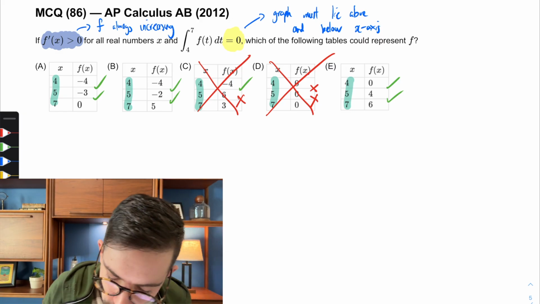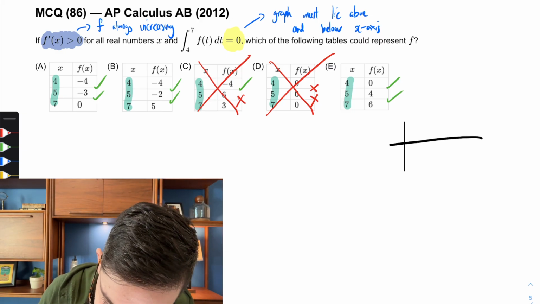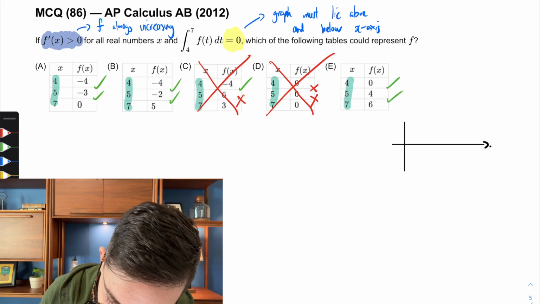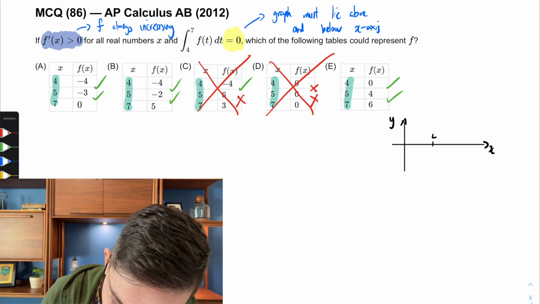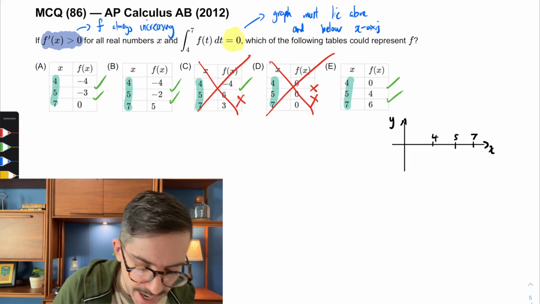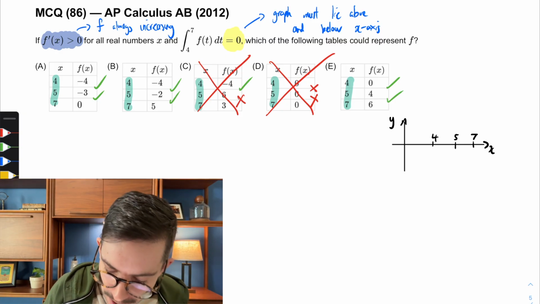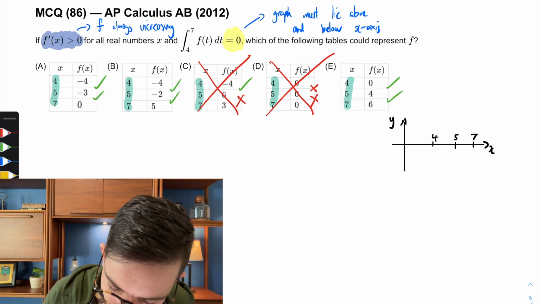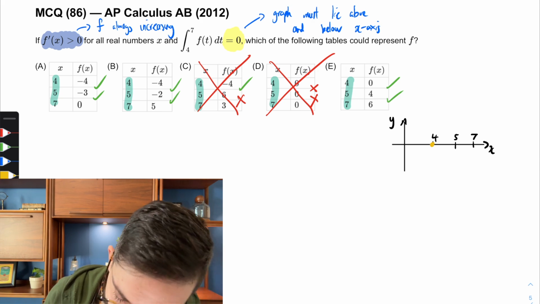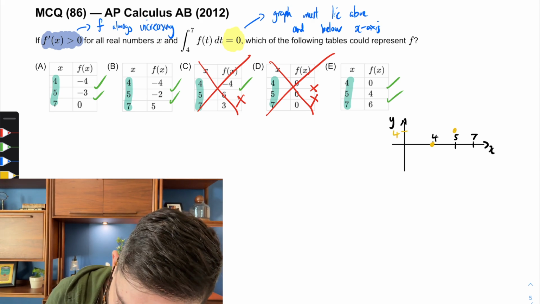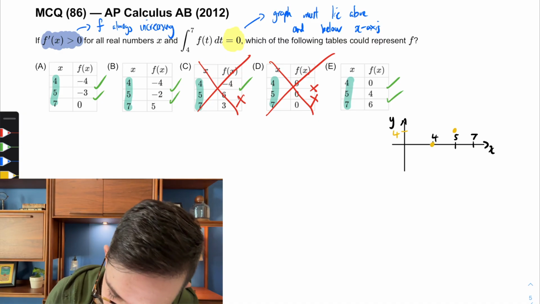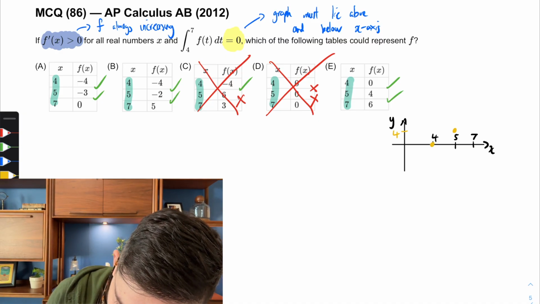If we look at answer choice E here, let's draw a quick sketch of what this graph might look like. So I have 4, 5, and 7 as my x inputs, and my points on my graph at x equals 4, the function takes the value 0, at x equals 5, it's taking the value 4, and at x equals 7, it's taking the value 6.